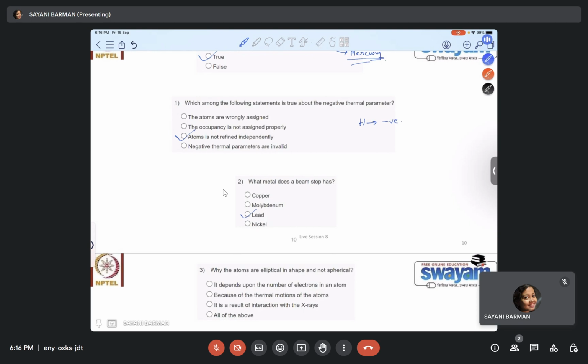Lead absorbs some of the X-rays and effectively blocks the scattered X-rays. Right, so we get a cleaner, background-noise-free and accurate diffraction pattern, and that will be easier for us to get actual information about the crystal.